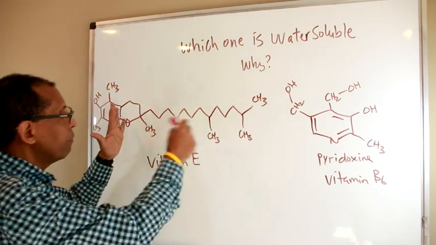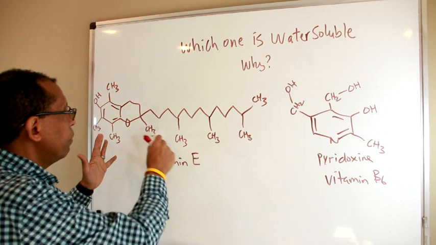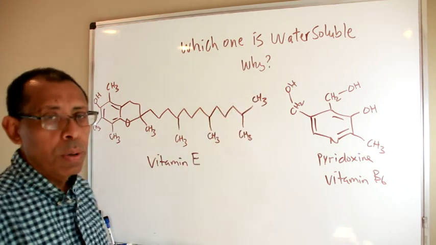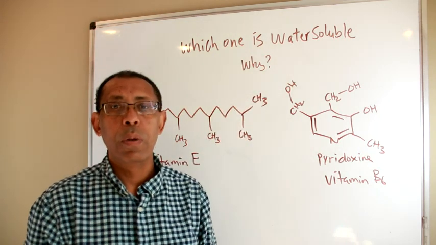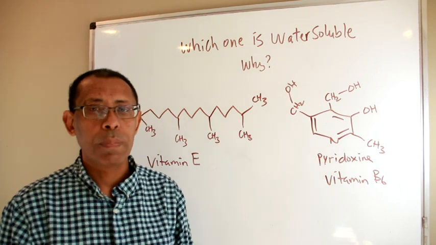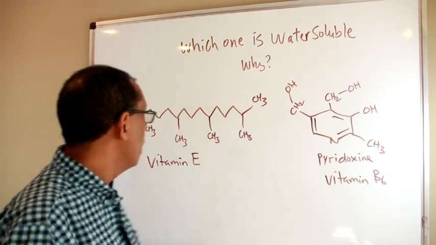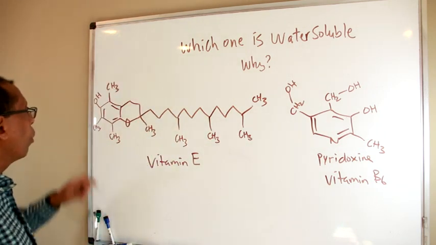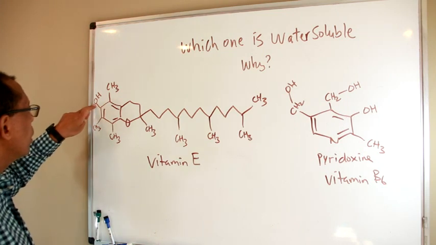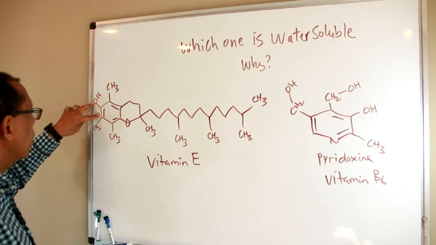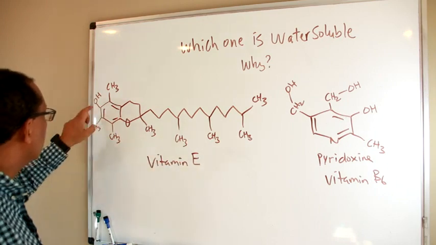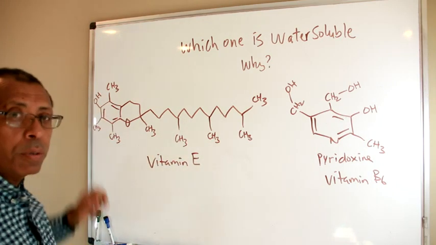So this chain is very long, and most of it is just hydrocarbon. Hydrocarbons don't dissolve easily in water because they are hydrophobic. The only heteroatom that exists in vitamin E is this one hydroxy group.